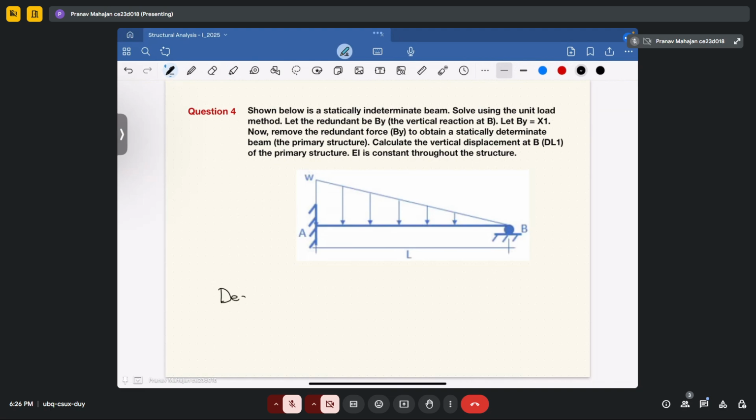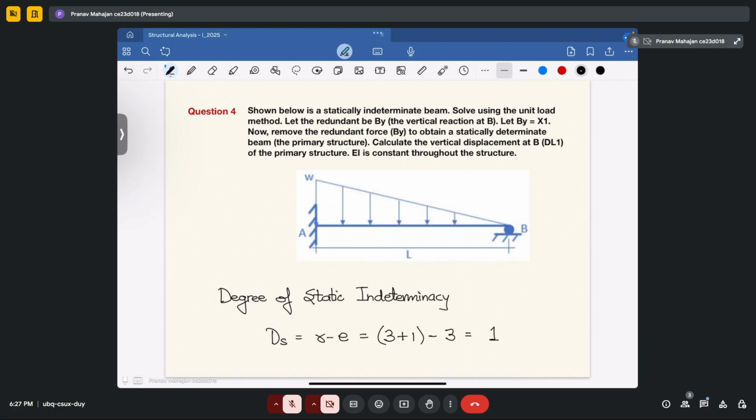Your degree of static indeterminacy, that is Ds, will be equal to R minus E. R is the number of unknown reactions. In this case it is 3 plus 1, 4, minus the number of available equations. Your available equations are 3 equilibrium equations. That will give you indeterminacy of first order.